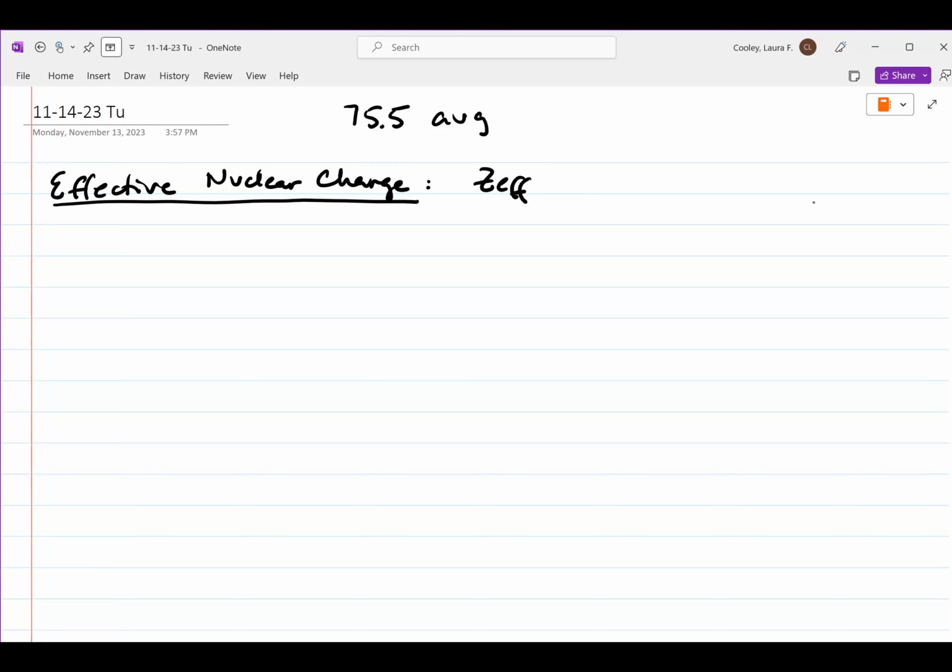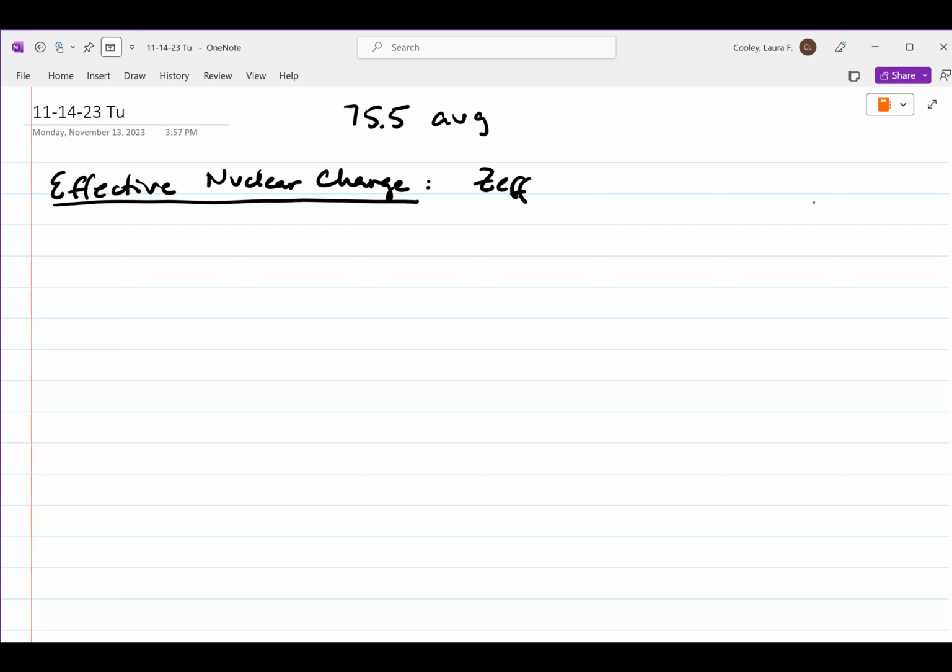But I just want to say from the outset that this is very important because we can't really understand periodic properties without knowing something about Z effective. What I mean by periodic properties: we've been using this table all semester called the periodic table.